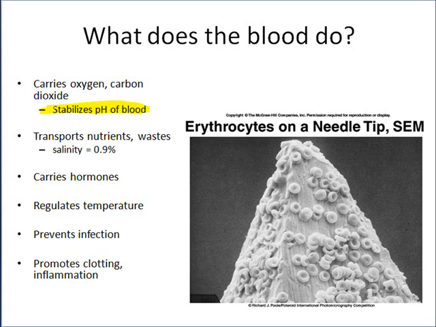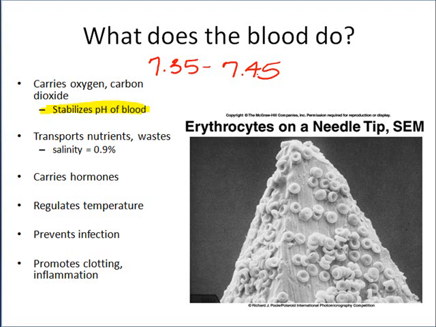And the pH of the blood is really, really important. It stays within a very narrow range of about 7.35 to 7.45. And any time that we tweak that pH, either making it more acidic or more basic, we run the risk of actually inducing a fatal condition in the individual, because remember, the pH can have a very large impact on proteins, and we're going to see shortly that the blood is made up of tons of different kinds of proteins.